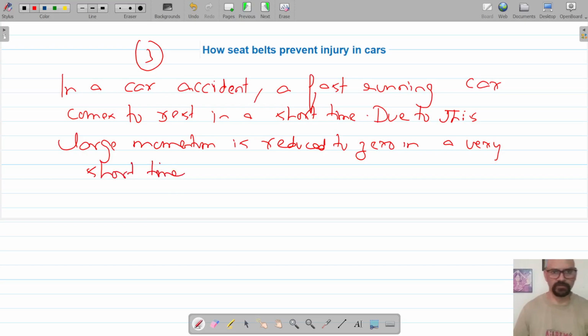Now when this happens, the seat belts worn by the passengers increase the time taken by the passengers to fall forward. So what are the belts doing?